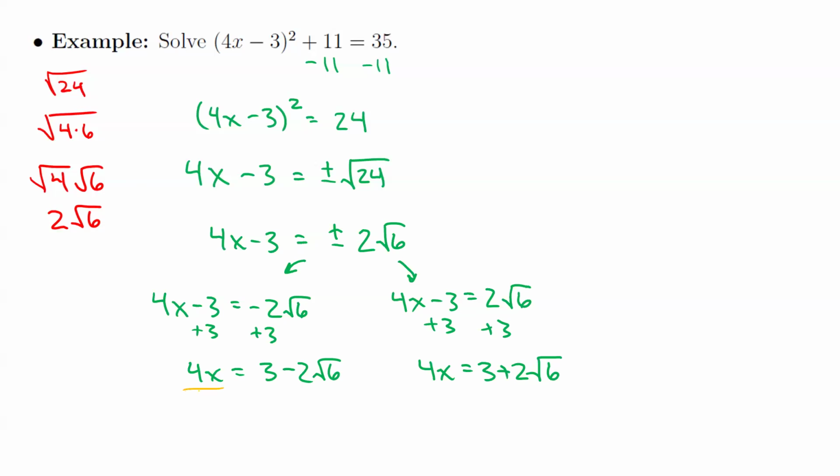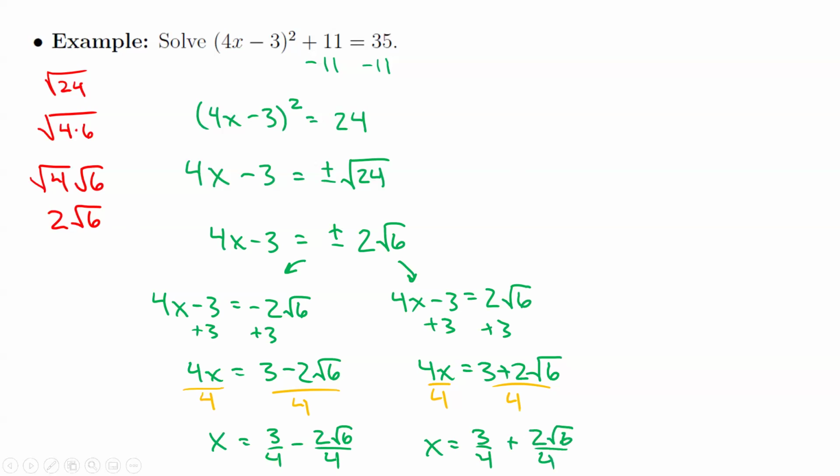You can keep this as one big fraction on the right. That would be okay. Or if you want to break it up into two separate fractions, that's okay too. So if I break it up, it'll be 3/4 minus 2 root 6 over 4 and 3/4 plus 2 root 6 over 4.